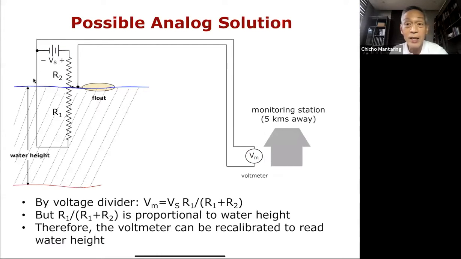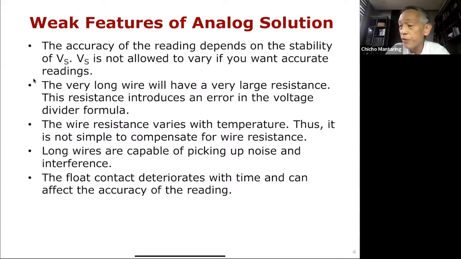So hindi na nagiging accurate. Let's say this was not a battery, let's say that was a power supply. Ganun pa rin, sometimes meron tayong tinatawag na ripple sa power supply or, for example, poor regulation sa power supply. So accuracy depends on the stability of Vs.